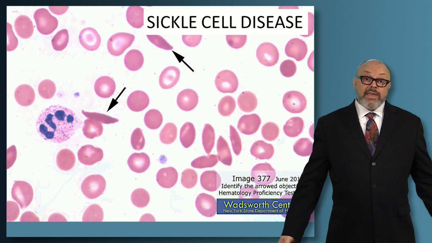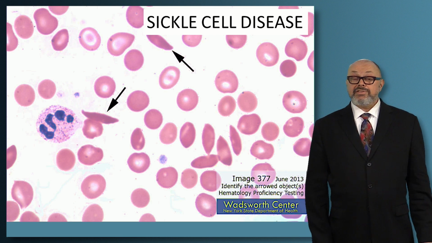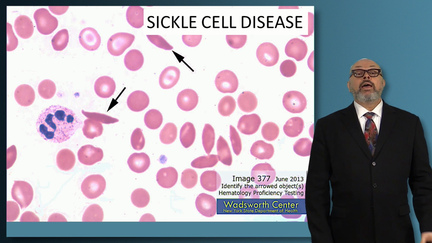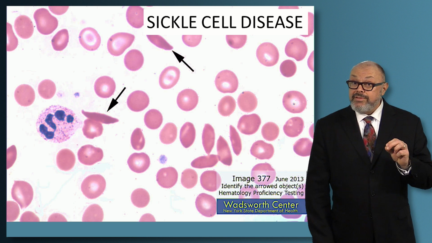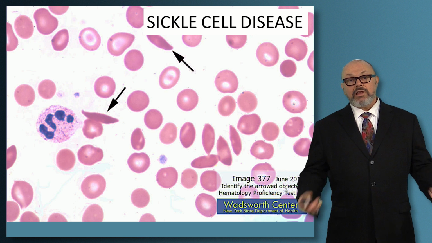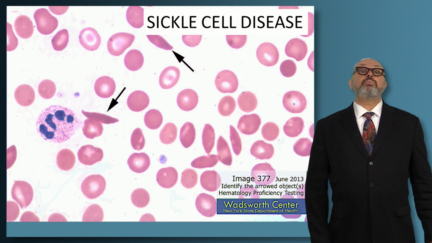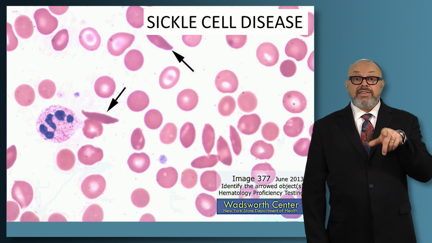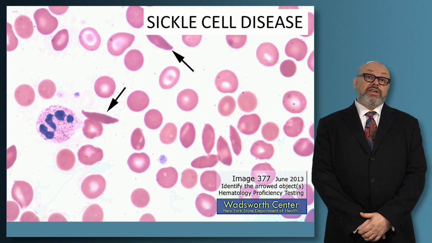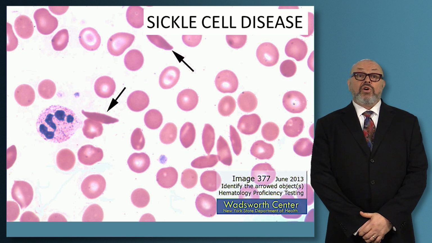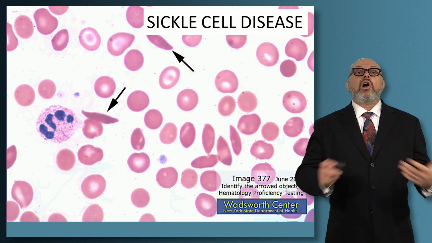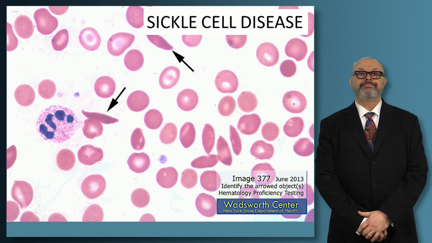This causes the formation of a beta globin that polymerizes under conditions of oxidative stress. And when this polymerization happens, it changes the shape of the red blood cell so that it becomes pointy at both ends. And you can see these cells in the film are pointy at both ends. These are called sickle cells, and they're the pathological hallmark of sickle cell disease.